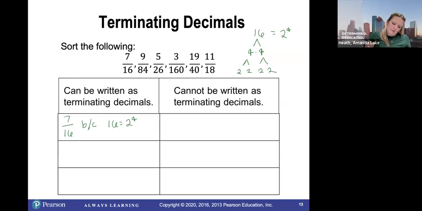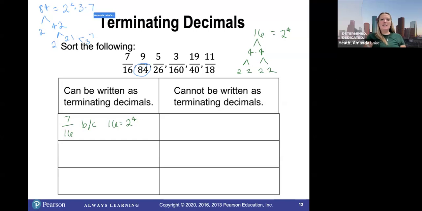All right. If we look at the next example, 9/84, we try to factor 84. 84 is 2 times 42. 42 is 2 times 21. 21 is 3 times 7. So 84 is 2 squared times 3 times 7.